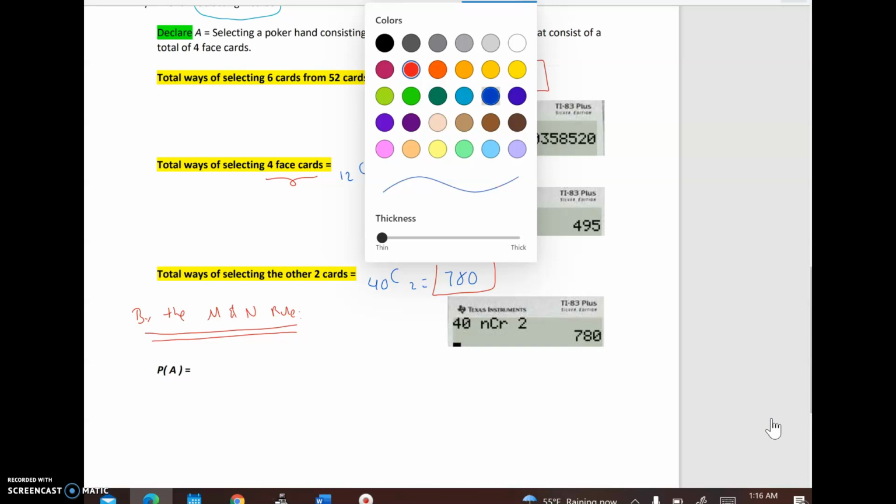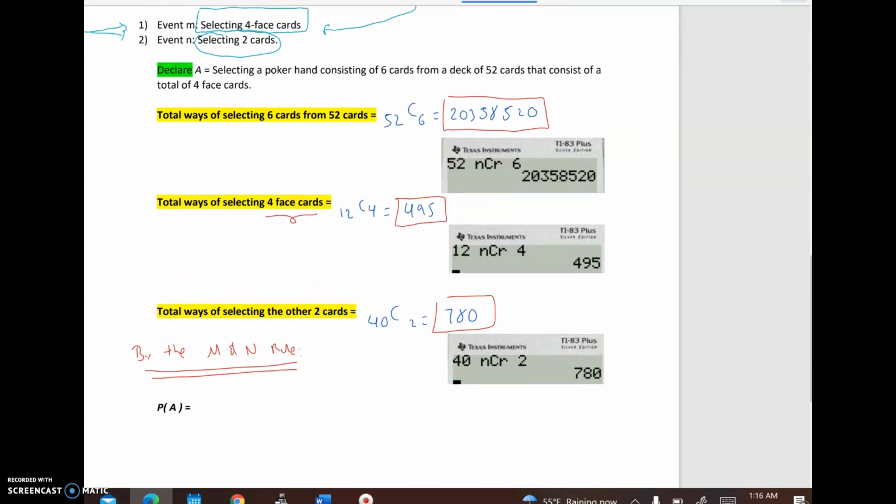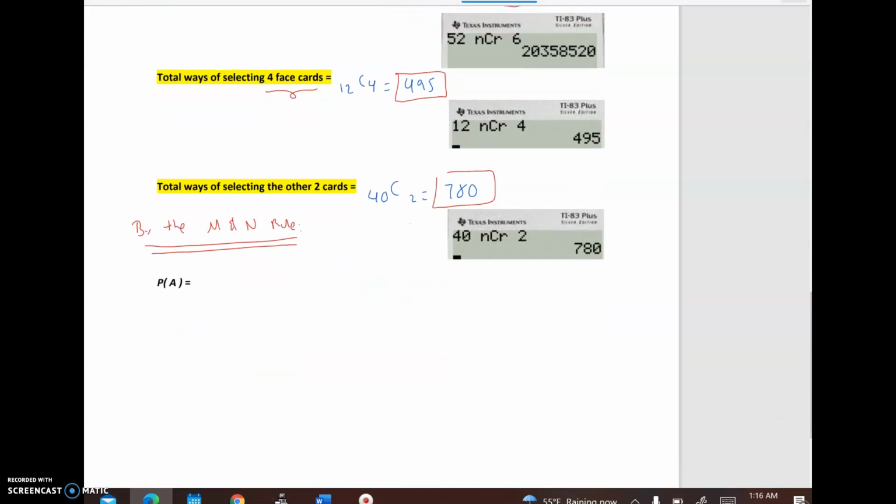The probability of A, which I already declared as selecting a poker hand that has 6 cards with a total of 4 face cards, is evaluated as 12C4 times 40C2 out of the sample space.